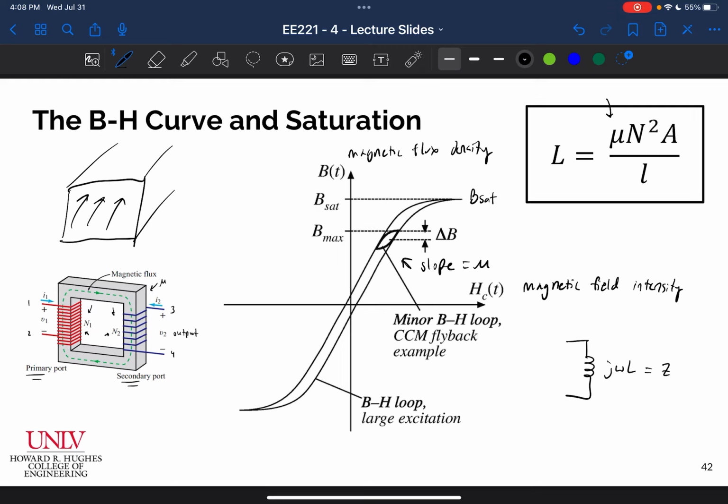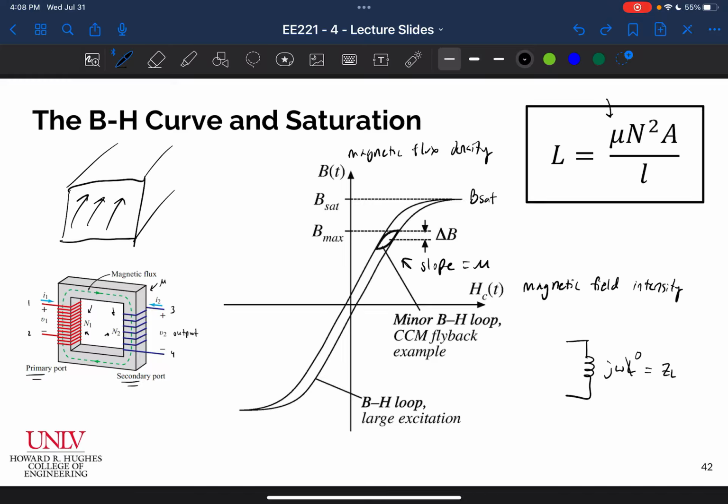If L goes to zero, I basically have a short circuit right across the inductor. And that's not good, because that means we're going to get infinite current flowing, because we have basically a short circuit.